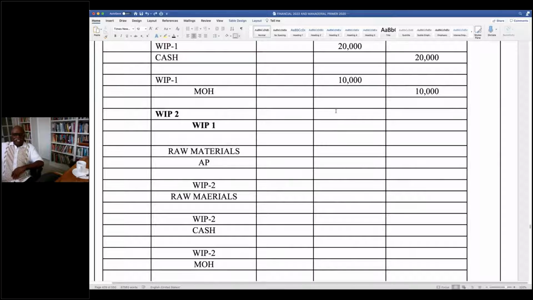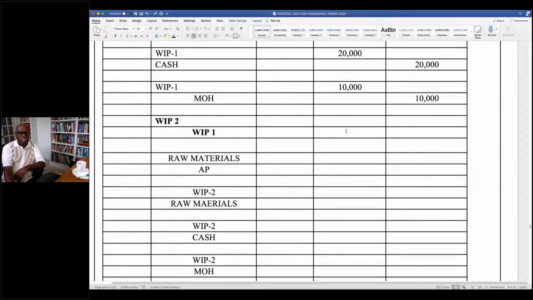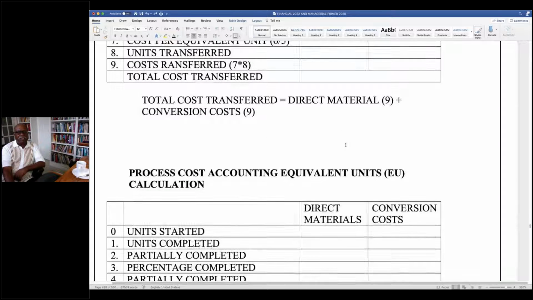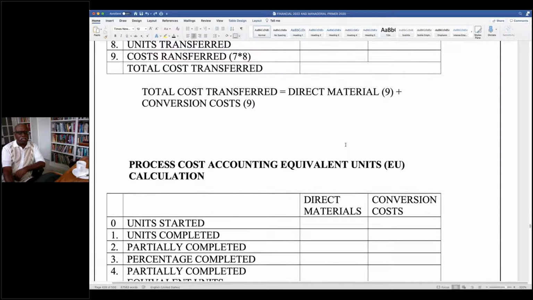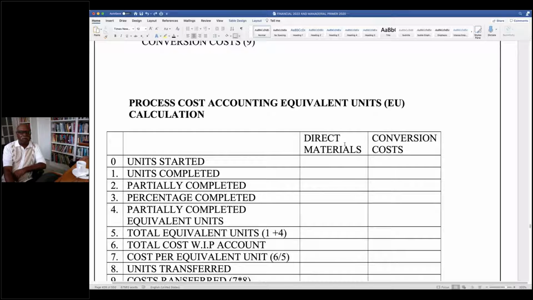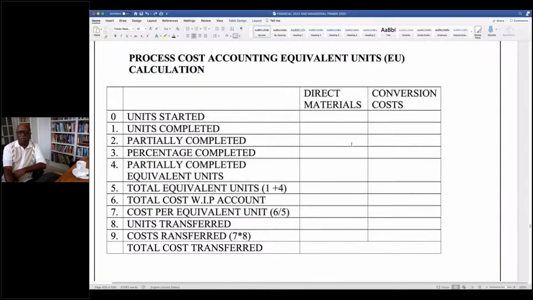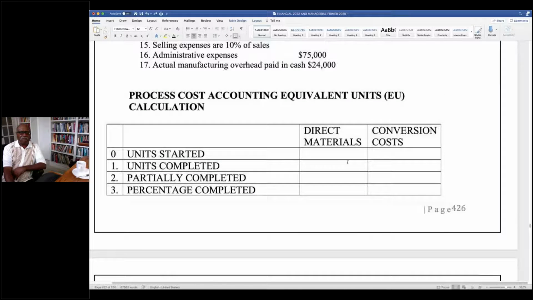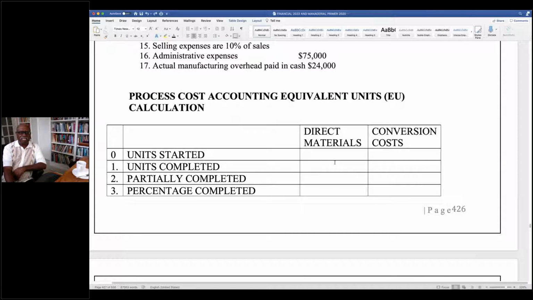You have to go to the chart. What's the purpose of this chart? So you can find work in process 2 for the journal entry. How much you gonna transfer?